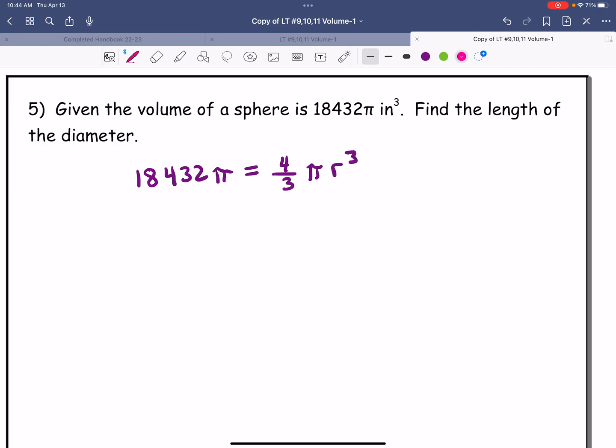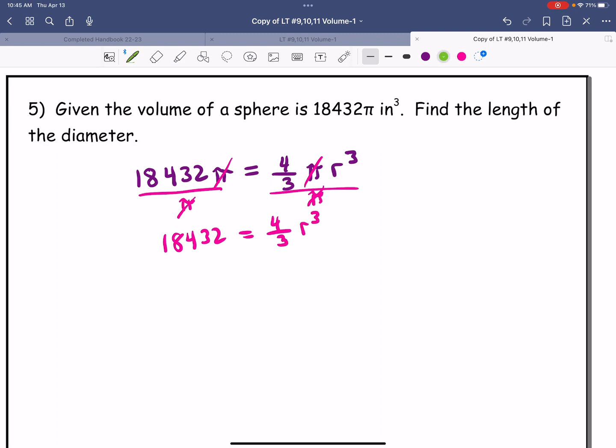So essentially we set it equal to the formula, and now we solve this for radius. Noticing that I have pi on both sides, I can divide both sides by pi, and I get 18,432 equals 4/3 r cubed.